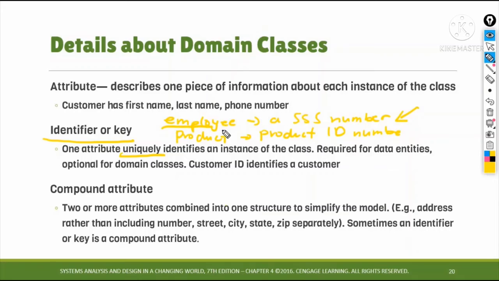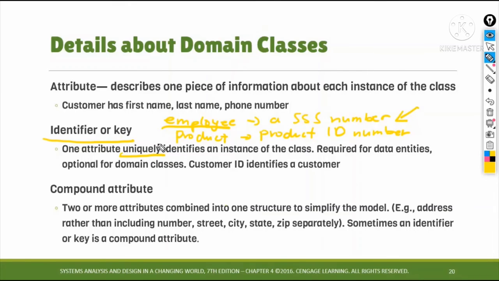For example, every employee has their own social security number, but they cannot have the same social security number. The same with the product. Each product should have a unique number, and all the products should have different ID numbers. It cannot be duplicated, so they cannot share the same number.